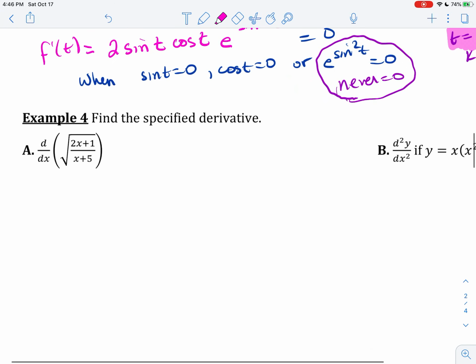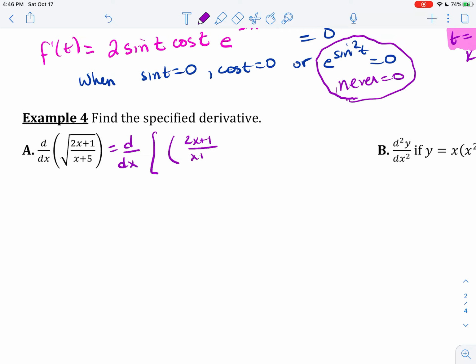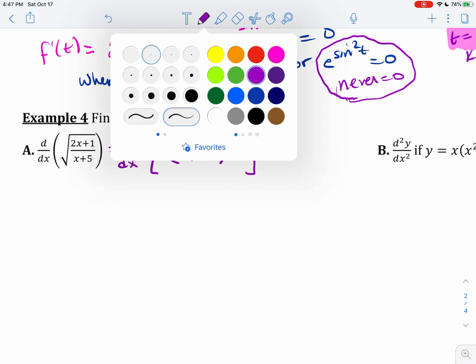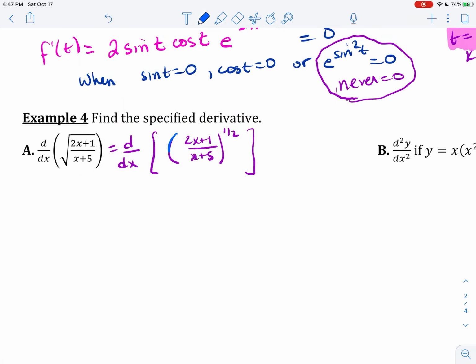And in these examples, we might need to employ the quotient rule. So this is a function that also is the same as 2x plus 1 over x plus 5 to the 1/2, right? And so what is my outside function?